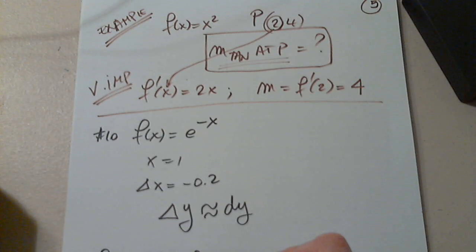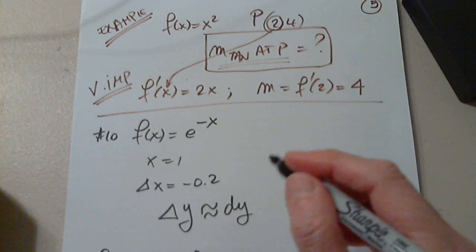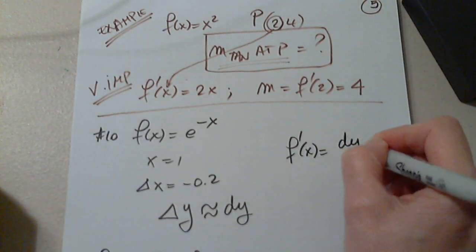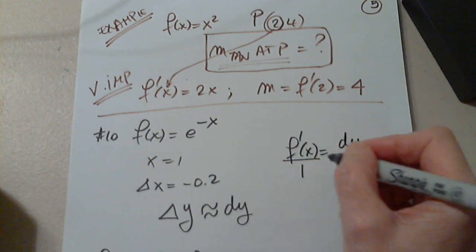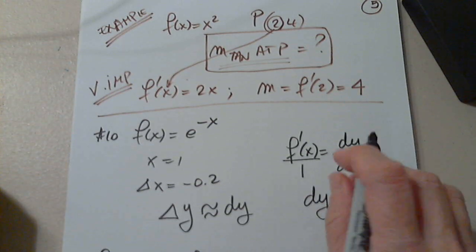The squiggle means approximately. Just remember, we wrote f prime of x equals dy over dx. This is over 1. Can anyone cross multiply and tell us what dy equals?